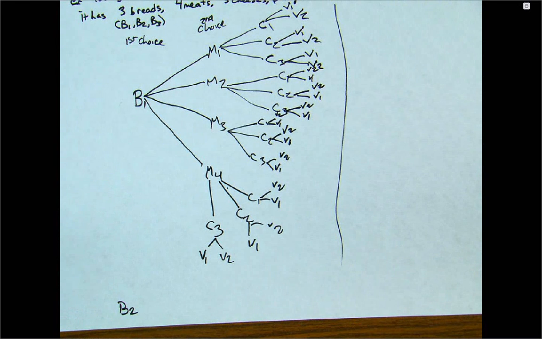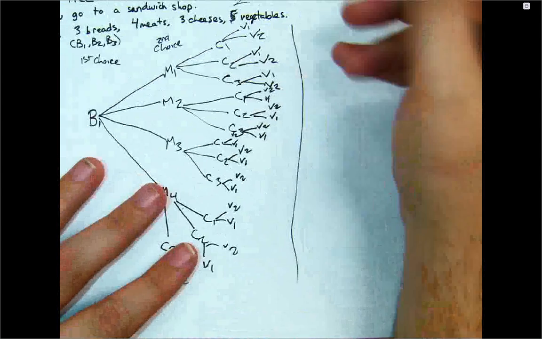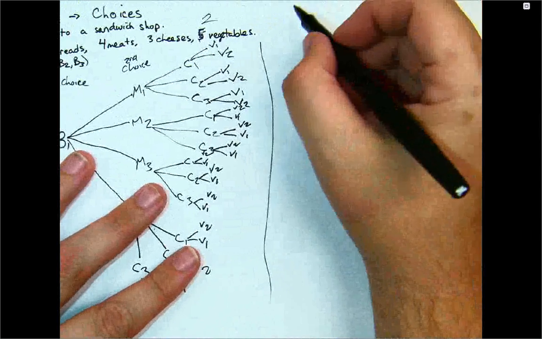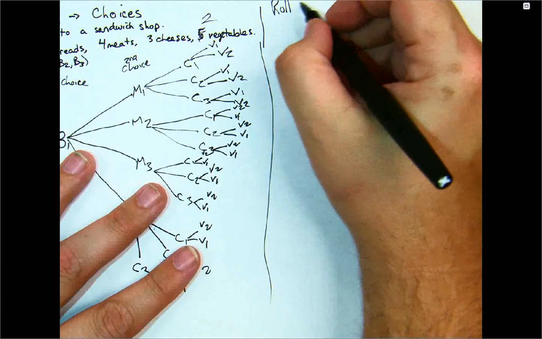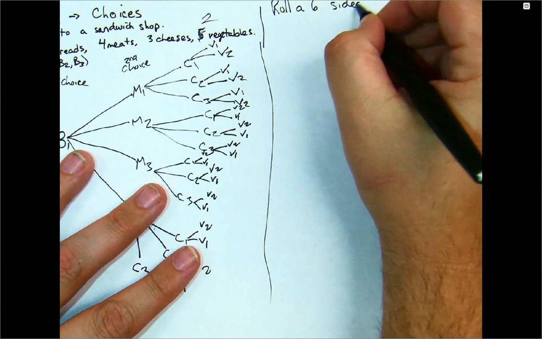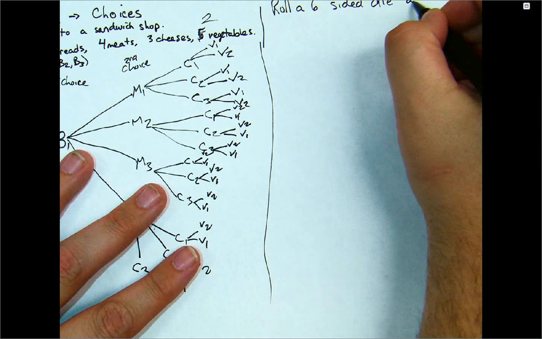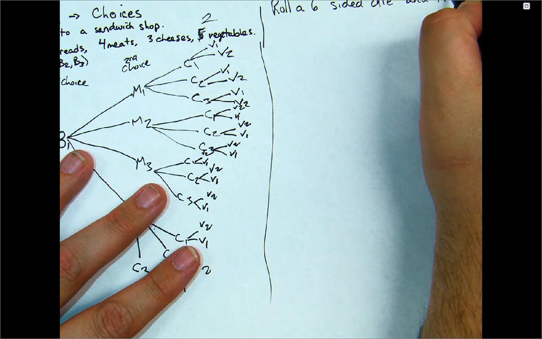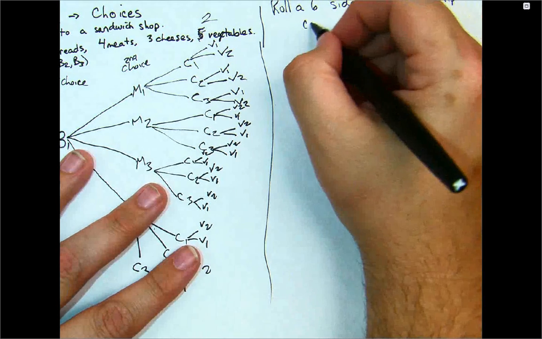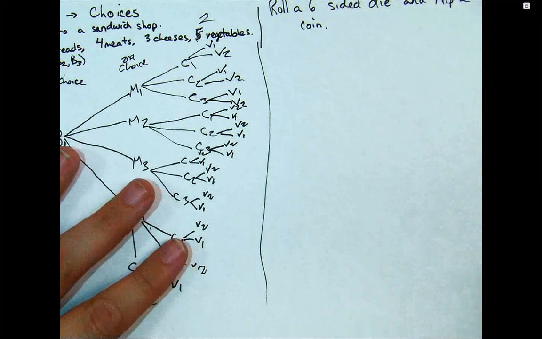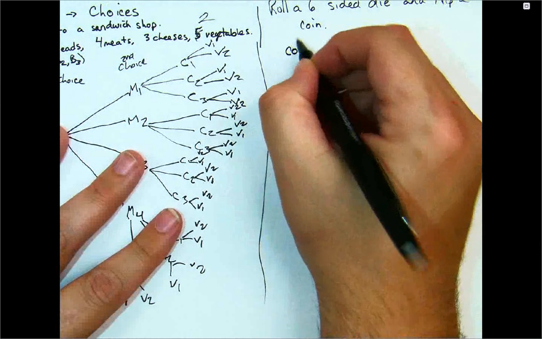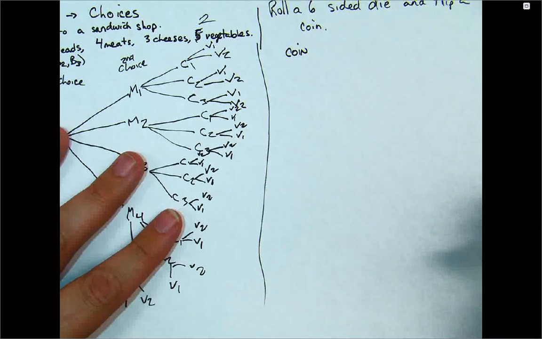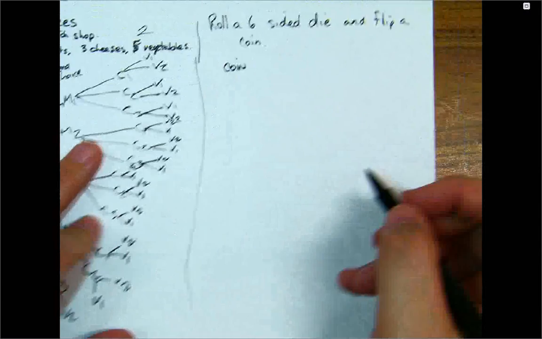An easier version of this is, let's say you roll a 6-sided die and you flip a coin. Now, I would say do the coin first. What are the outcomes for the coin?